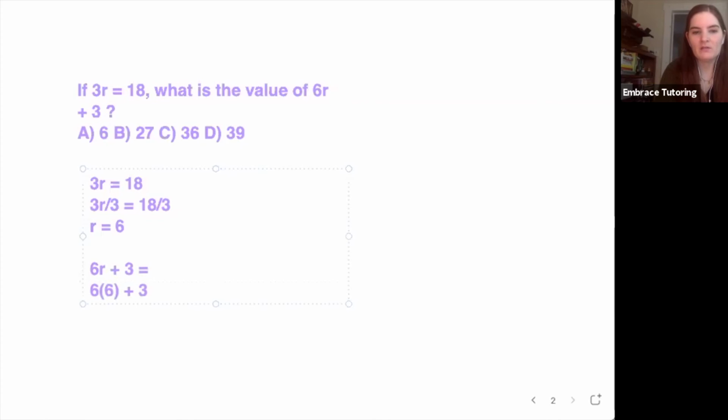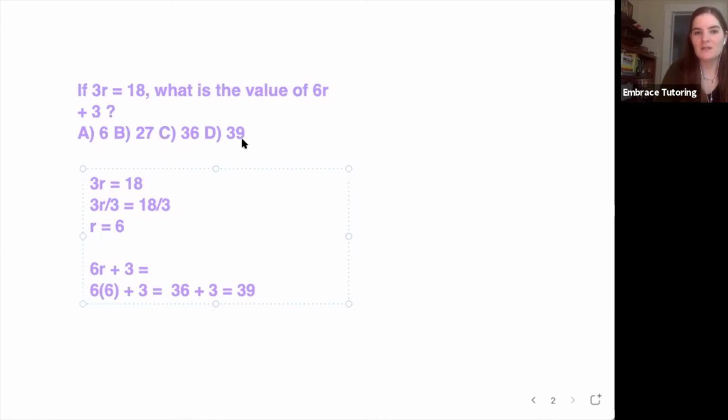Plus 3. You follow your order of operations. And that would equal, what? We have 36, right? Plus 3, which would equal 39 here.